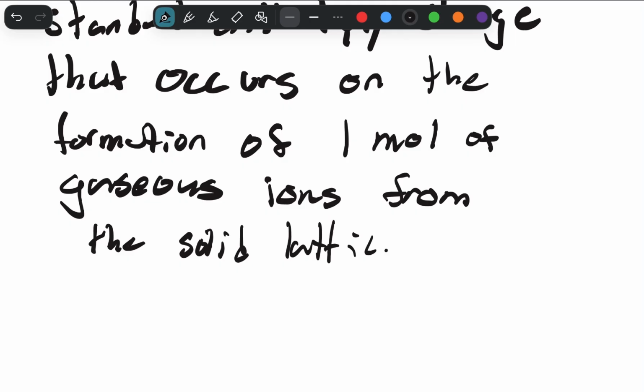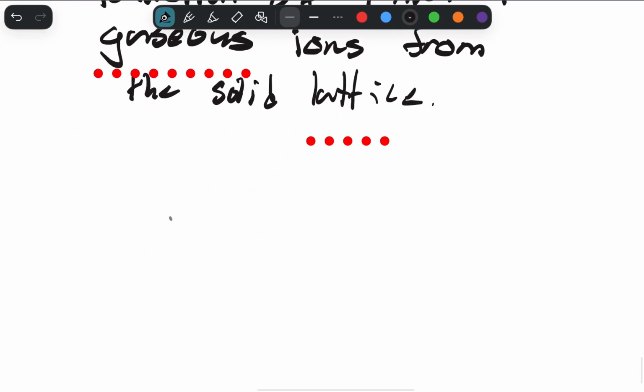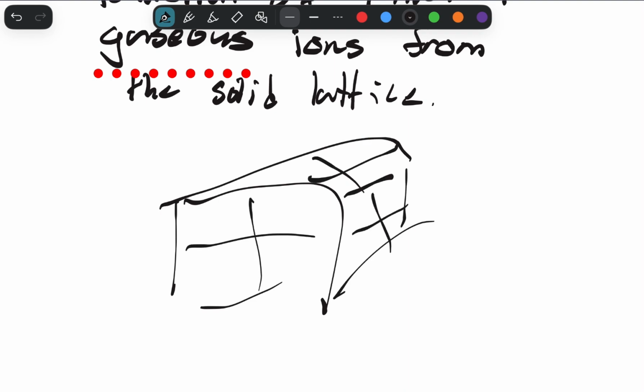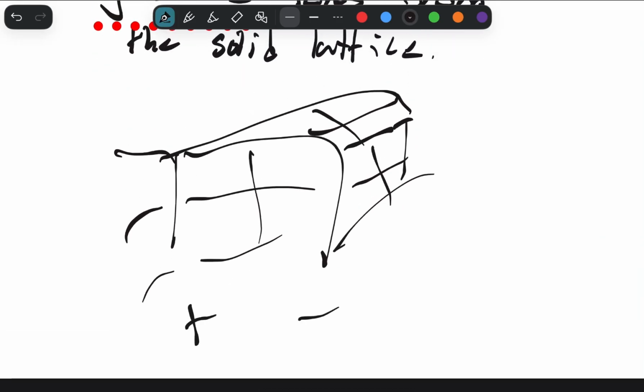So what this really means is that if you start off with a lattice, like that, right? It's a cube. I'm bad at drawing, okay? Don't judge. But you start off with a lattice, and you're breaking it apart. You're breaking this lattice down to form cations and anions, which requires energy to break, okay?